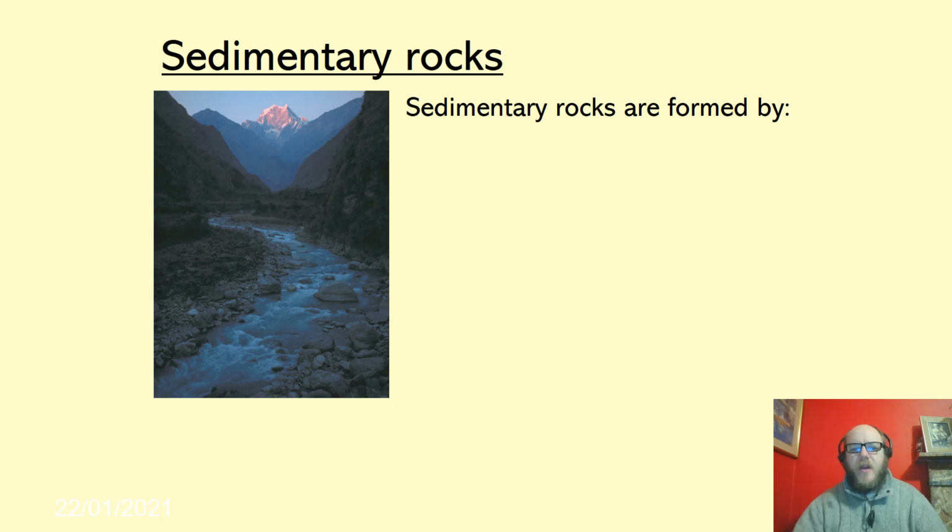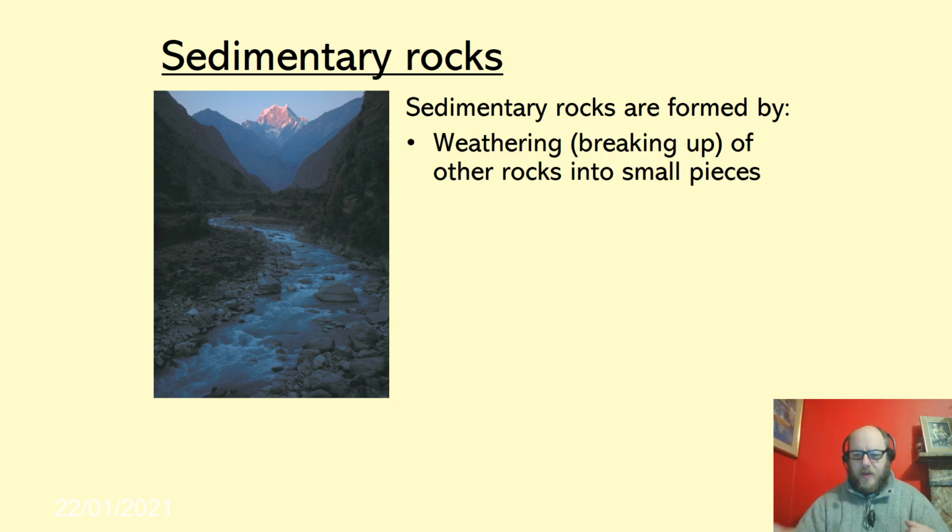Now, the beginning of the sedimentary rock is weathering. So you take an igneous rock, for example granite, and over several decades of time, the weather will beat down on this rock and it will crack, and it forms pebbles and shale, and it will disintegrate into small pieces.